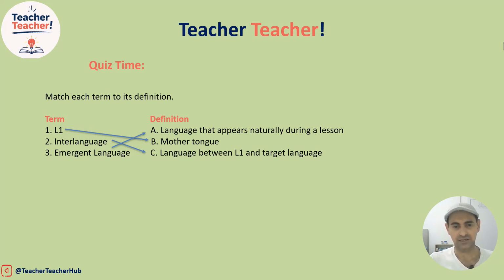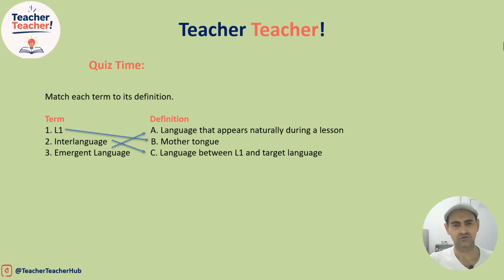And the last one, emergent language. This is language that appears naturally during a lesson. It means unplanned language. Let's say a grammar point that you didn't plan to work on in the classroom, but it happens during the lesson. You may spend only a few seconds on that as a correction, for example.